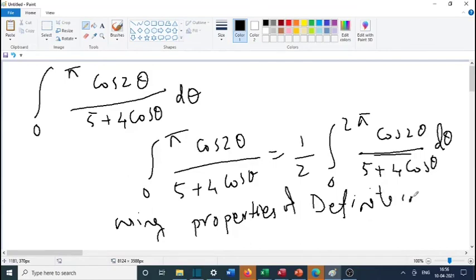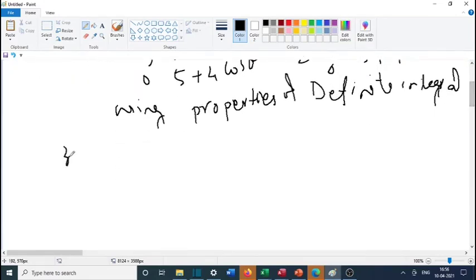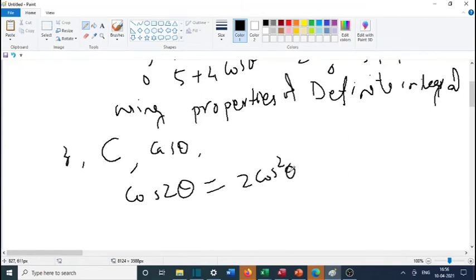Now we have to give the same substitution for z, the contour C and cos theta. The only difference is that here the cos 2 theta term is there. For cos 2 theta we have to use the formula 2 cos square theta minus 1 and simplify. All the other parts are the same as the above problems. So I am not doing that; it is left as an exercise for you. You can evaluate that value and you will get the answer.